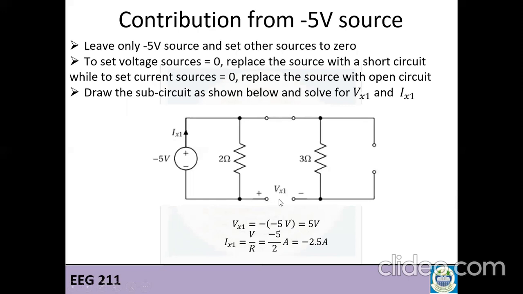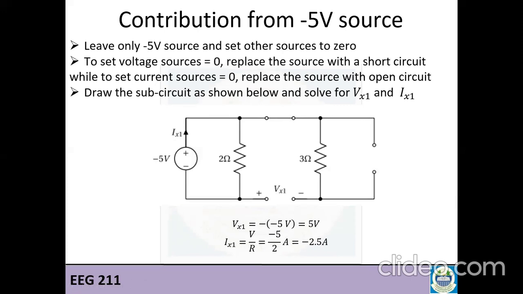Because the positive terminal of Vx is connected to the negative terminal of the minus 5 volt source. So that's why it is negative. And we still keep the minus 5 volt as it is. By inspection, you can easily see that Vx is 5 volts.